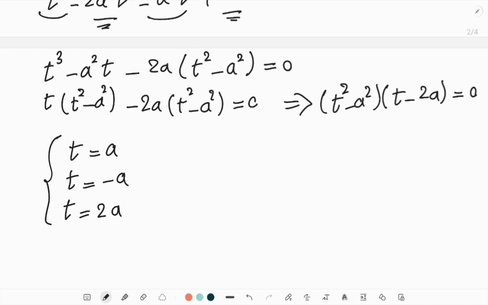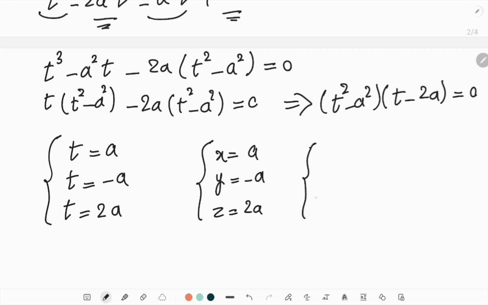So whatever value x gets, y and z also get, you can basically switch them, and that solution is also correct. In other words, x could be a, and then y equals minus a, let's say, and z equals 2a.